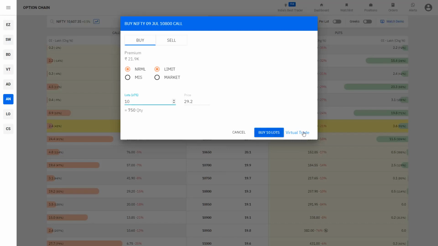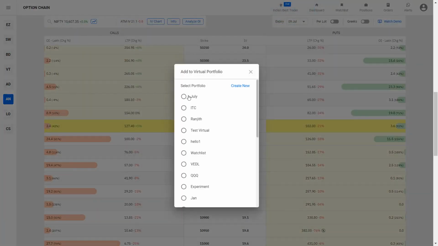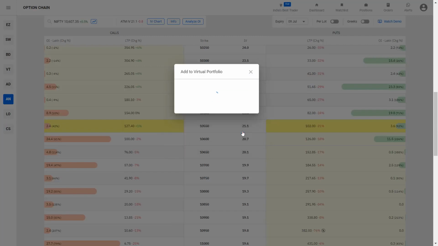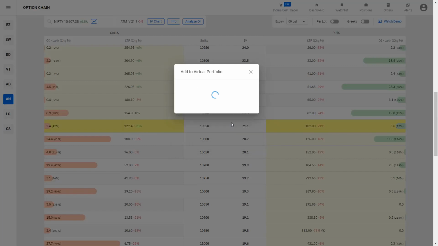And if I say virtual trade, it will hit me with this model which tells me to create a new virtual portfolio. You can create a new portfolio and it goes inside your virtual trade section. So now you have a virtual trade. If you click on this, it will go to your virtual trade.